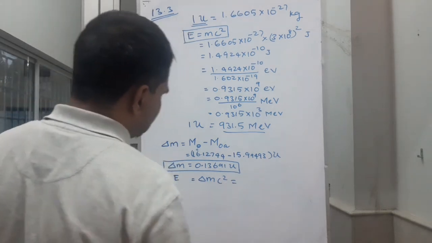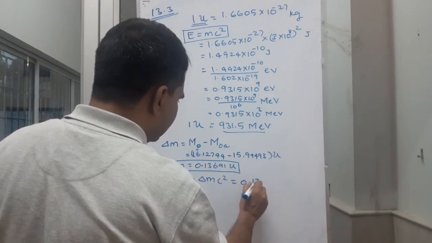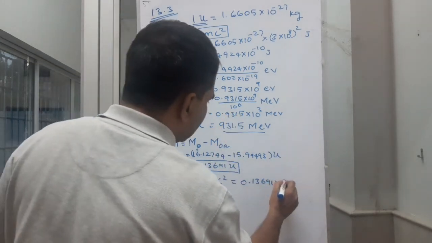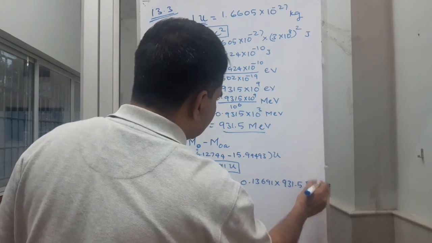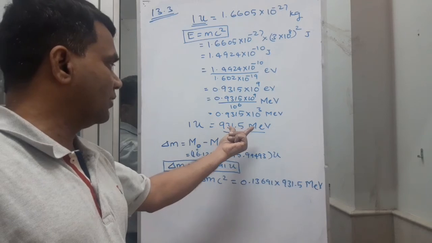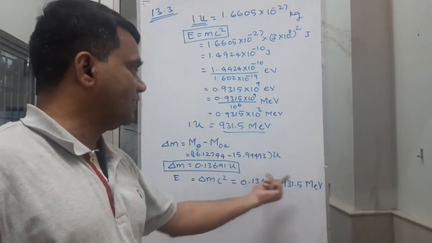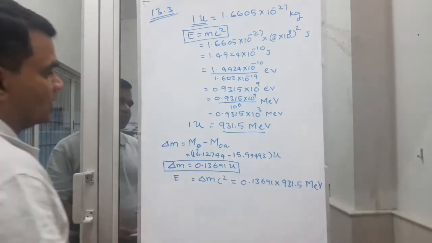So this is equal to 0.13691 u times 931.5 mega electron volts per u. This is the amount of energy this is going to contain.